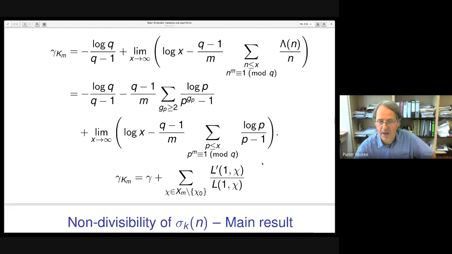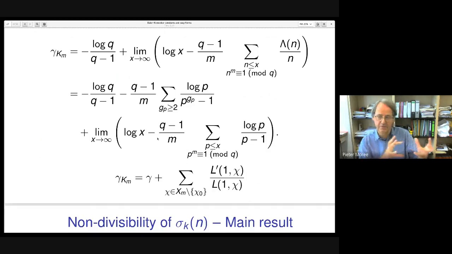So if there are many primes p such that p to the m is congruent to 1 mod q, then this term will be big, and this tends to be negative. So there is here a big contribution from the irregularities in the prime distribution.